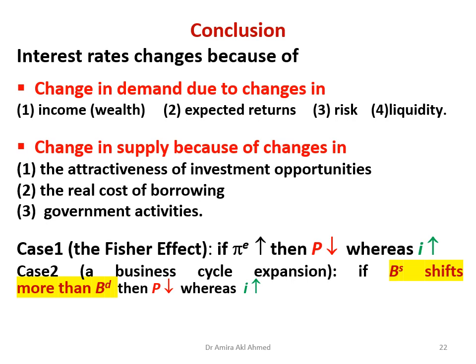The second case tells us that, other things remaining the same, a business cycle expansion in which the supply of bonds shifts more than the demand for bonds results in a decrease in the market clearing price of bonds and a rise in the market clearing interest rate.